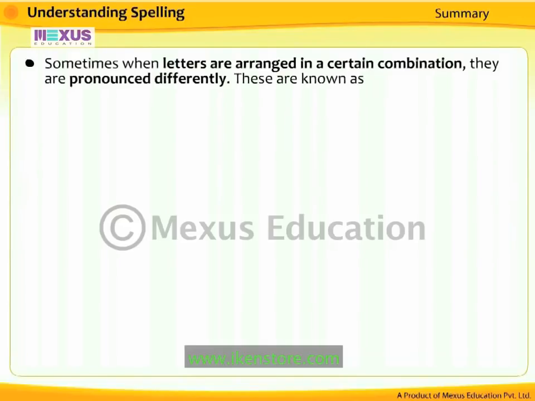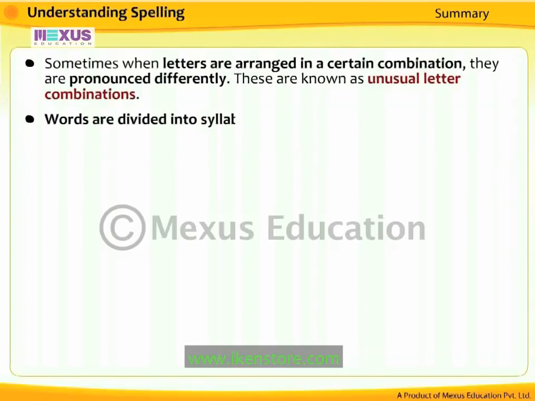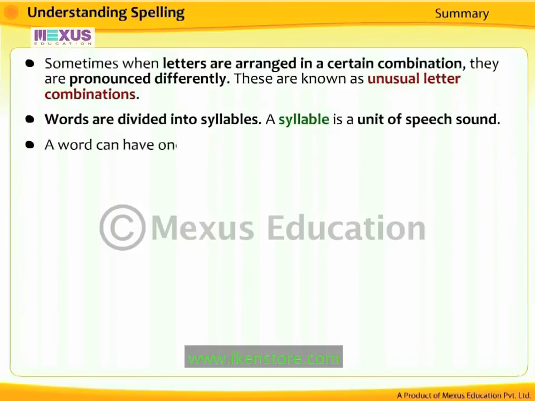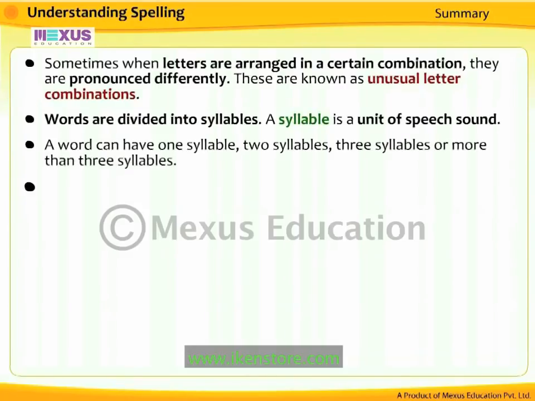These are known as unusual letter combinations. Words are divided into syllables. A syllable is a unit of speech sound. A word can have one syllable, two syllables, three syllables, or more than three syllables.